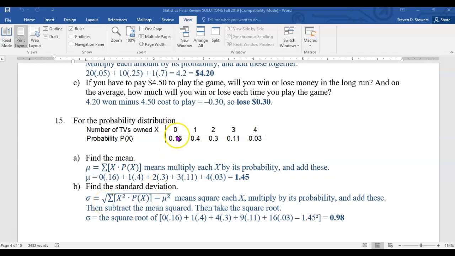So we take 0 squared times 0.16, plus 1 squared times 0.4, plus 2 squared times 0.3, plus 3 squared times 0.11, plus 4 squared times 0.03. Then we subtract 1.45 squared, and finally we take the square root of the result, and that ends up being about 0.98. So that is the standard deviation.